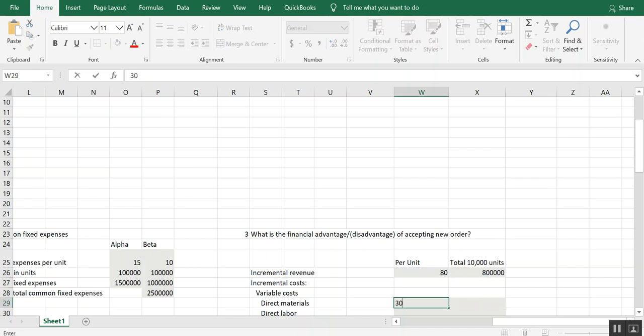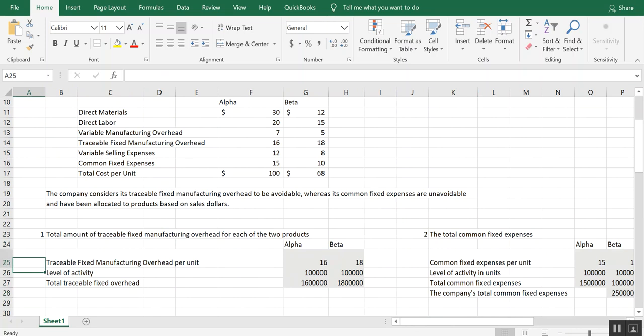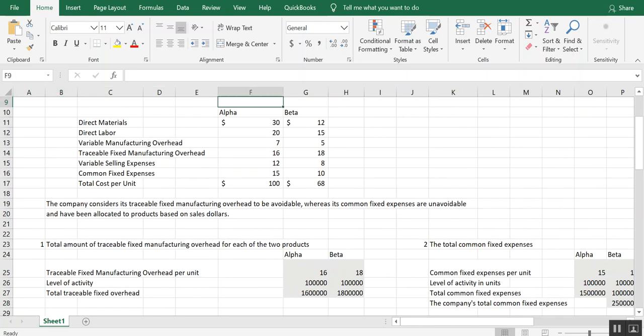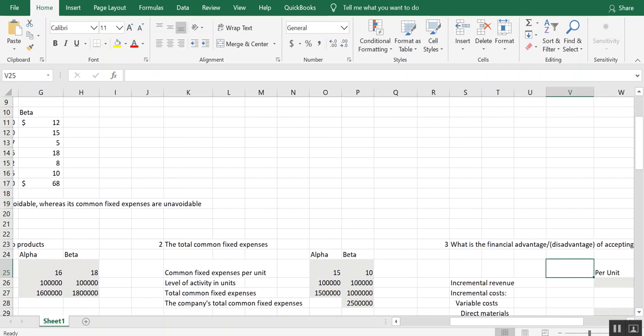Variable costs: we have $30 per unit in direct materials. We get that from this chart right here. Direct materials of $30, direct labor of 20, variable manufacturing overhead is 7, and variable selling expense of 12. All of those costs are going to come into play in this calculation.